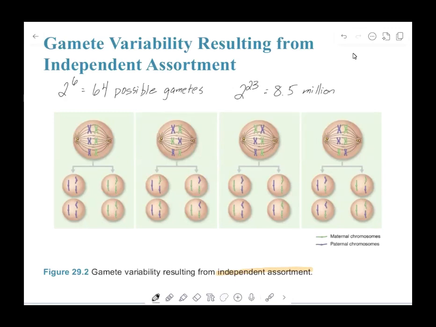This is a very simplistic example of independent assortment, but you can already see the different possibilities. The green represents the maternal chromosomes, the purple represents the paternal chromosomes, and we can see that all of these are possibly different.